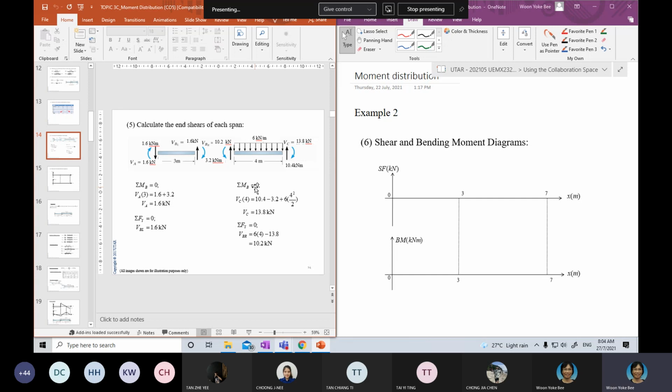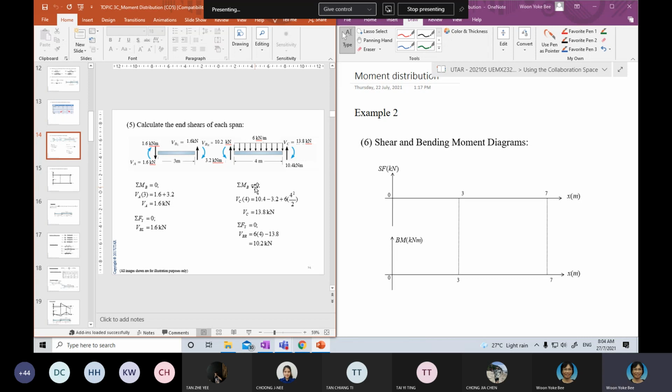Now, anyway, we will just do a quick recap. So far, we have done moment distribution. I've introduced to you moment distribution. How do you apply this analytical method to beams, continuous beams, beams that are fixed at the far end, right?